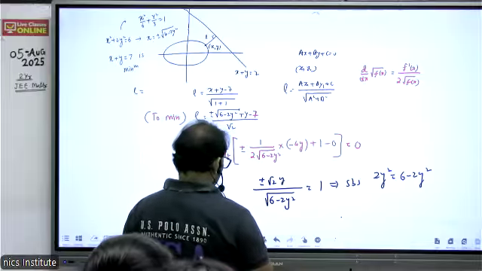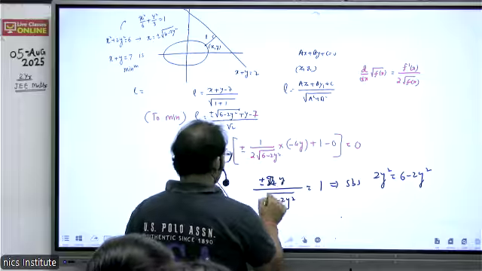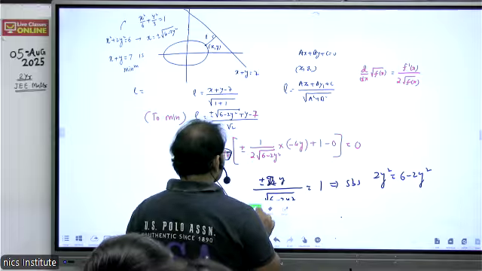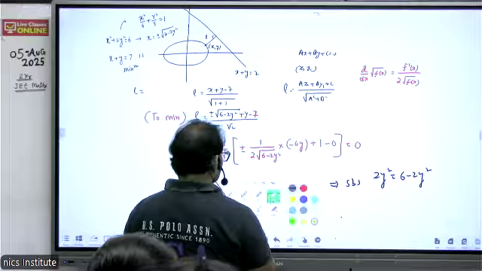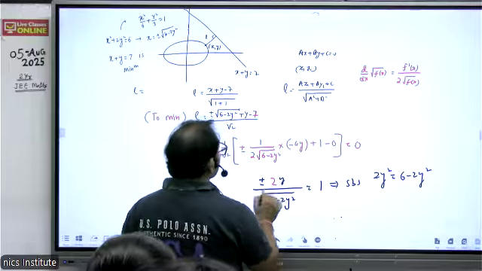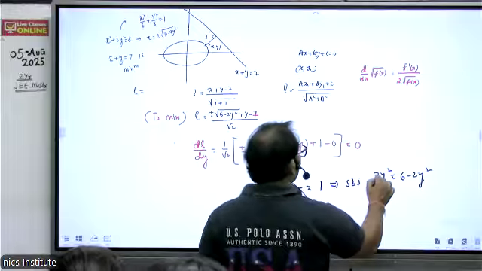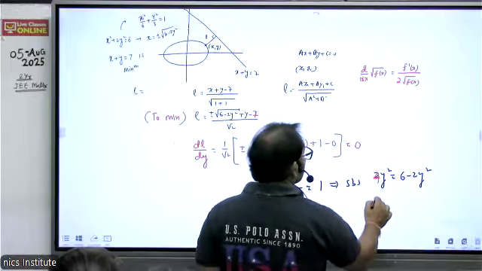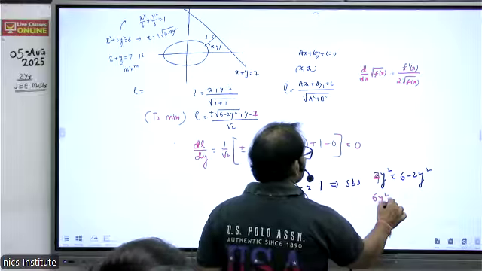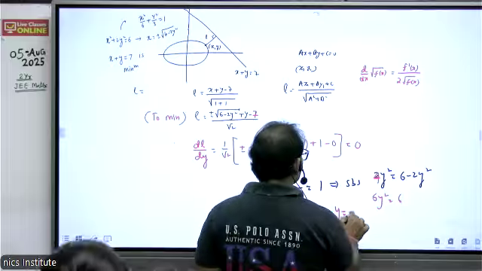Right, slight mistake here. So it'll be 2 then. So 4y square. So 6y square is equal to 6. Y is equal to plus minus 1.